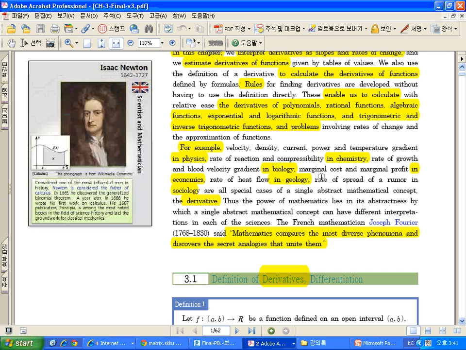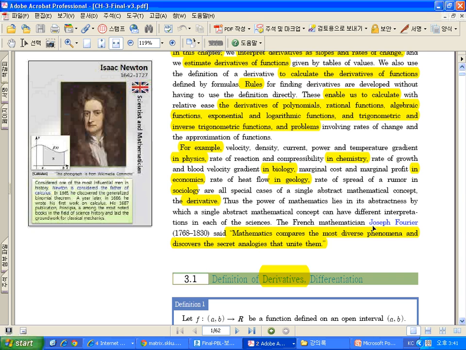They all mean the same thing, which is the derivative. So the derivative is a single concept to explain such diverse behaviors in many different disciplines.